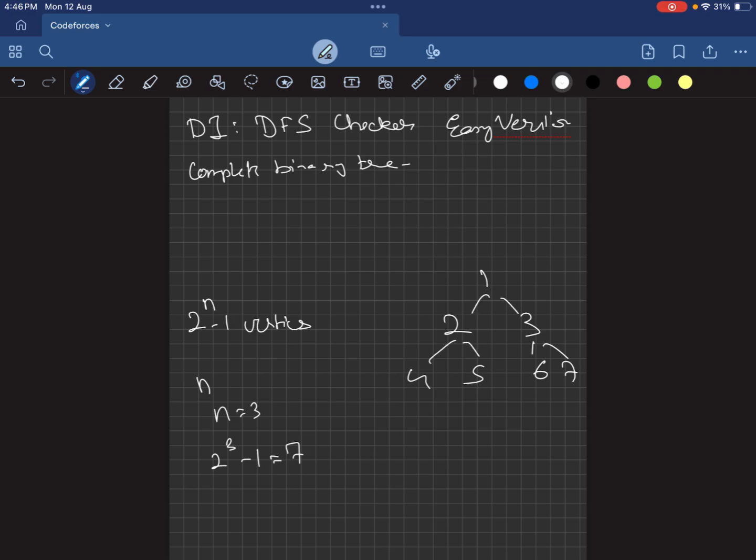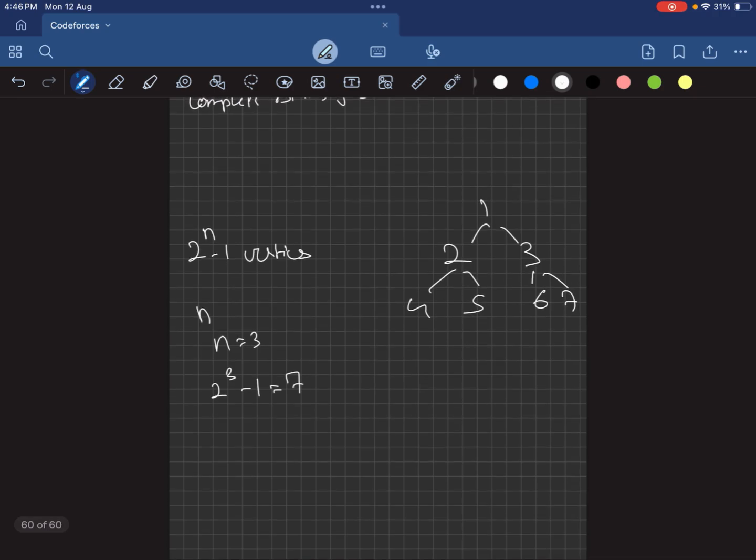Okay. So we are given a tree, and we are given a permutation. This permutation tells us this is one of the possible DFS traversals of the tree. So what is a DFS traversal of a tree?